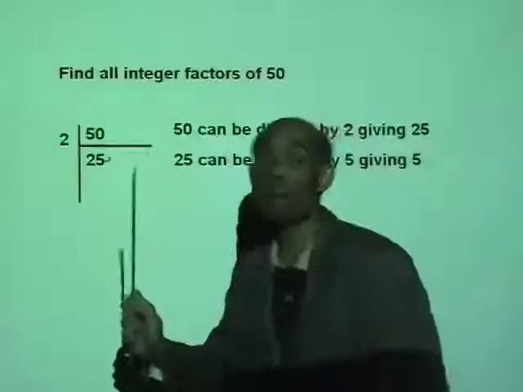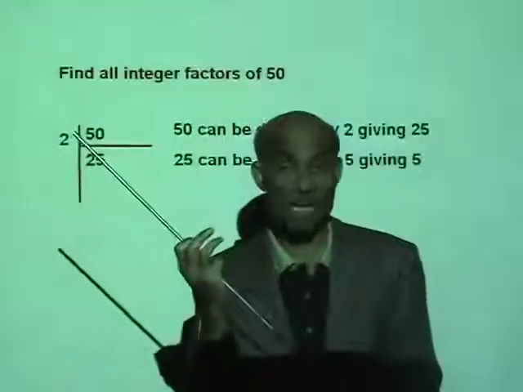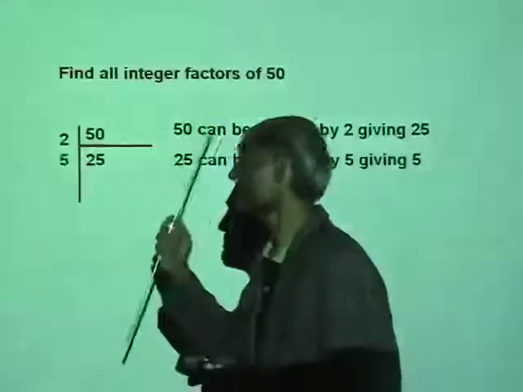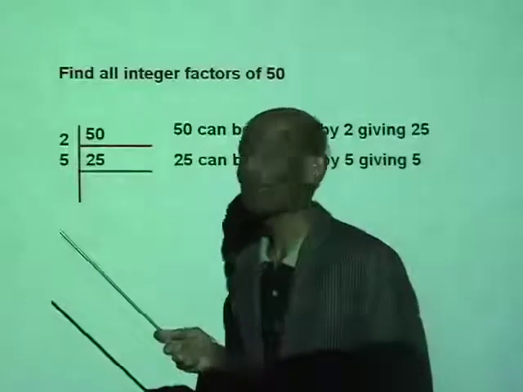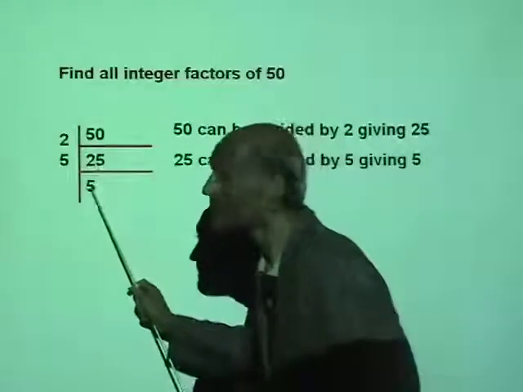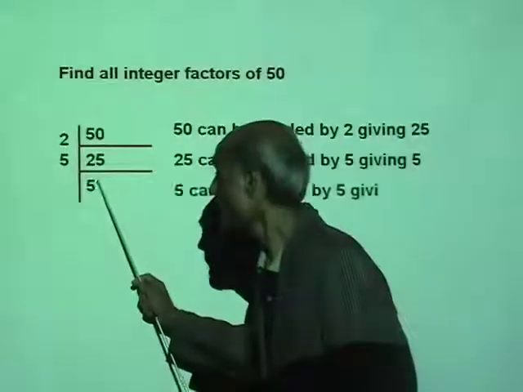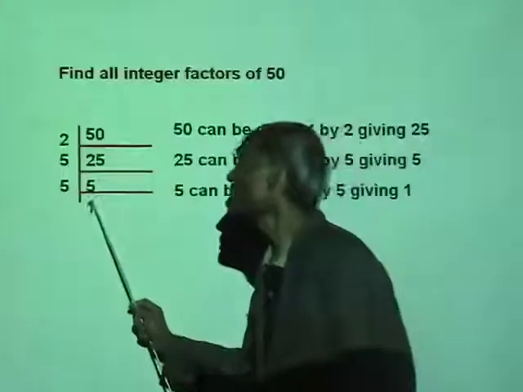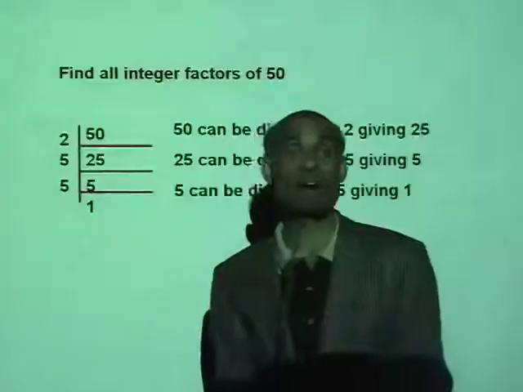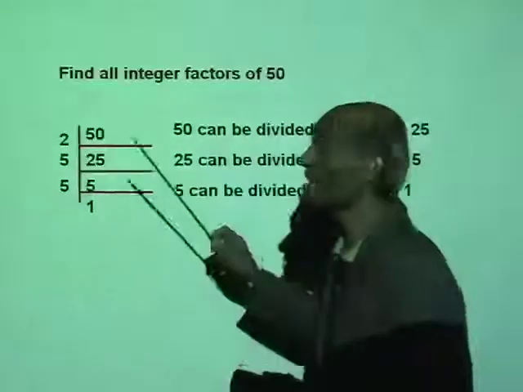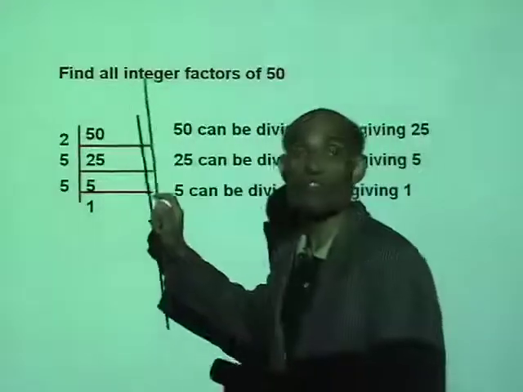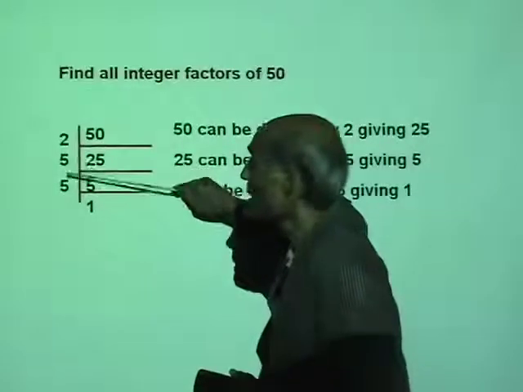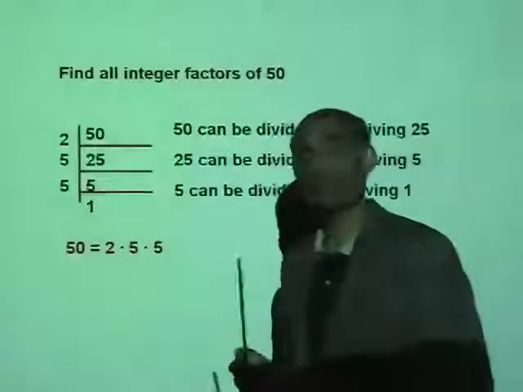It cannot be divided by 2, it cannot be divided by 3, it can be divided by 5. 25 divided by 5 is 5, and 5 can only be divided by 5, and 5 divided by 5 is 1. So what are the integer factors of 50? 50 is 2 times 5 times 5. There you are.